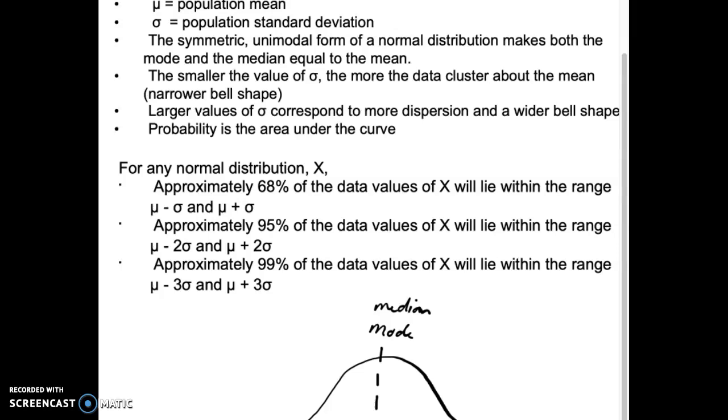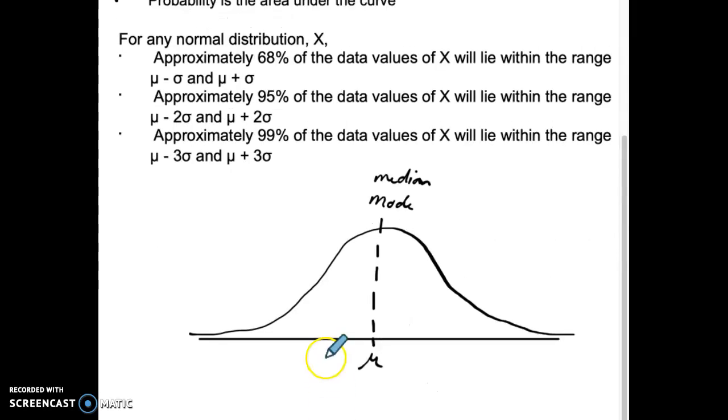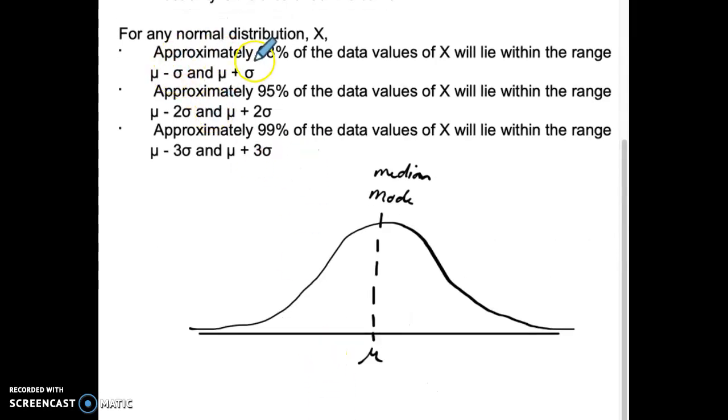But the most important thing about normal distributions comes here at the bottom. It tells us that for any normal distribution with a variable x, approximately 68% of the data values lie within the range of mu minus sigma and mu plus sigma.